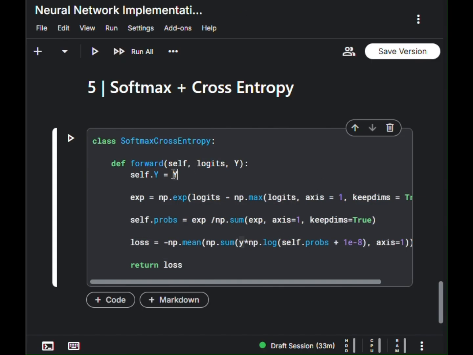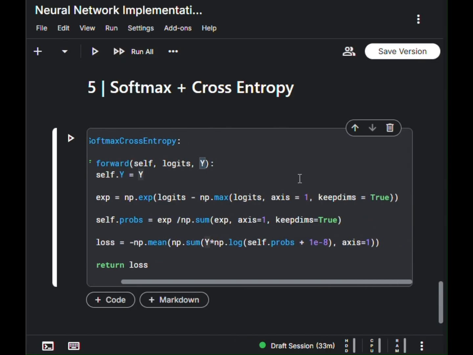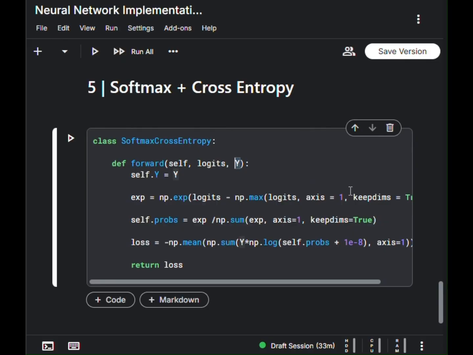Sorry, I have to write capital Y here, because our function parameter is capital Y. So, this function takes the logits, turns them into clean probabilities, and calculates a single penalty score, which is the loss, based on the true target labels, which is Y. We are caching Y here, which means we are saving the true target labels to use during backpropagation.